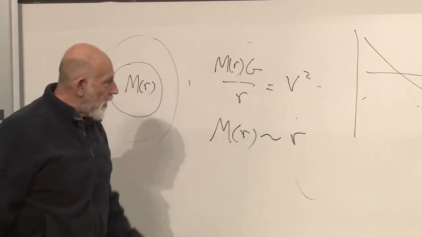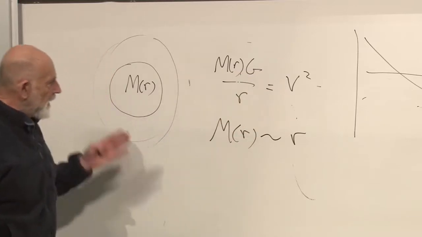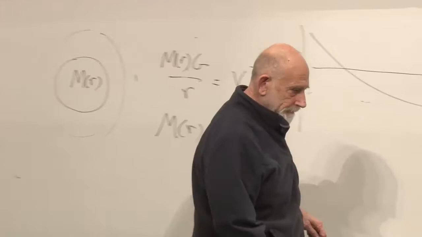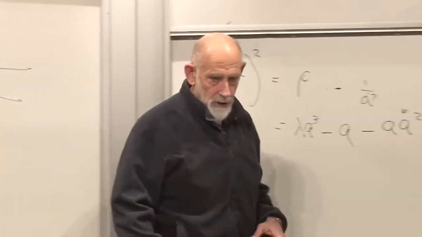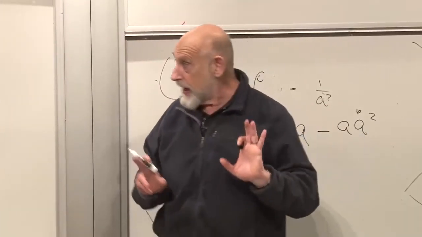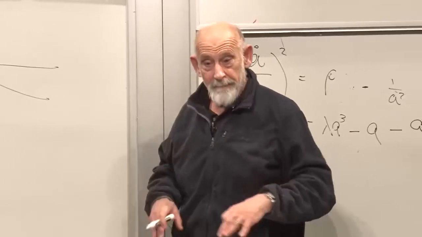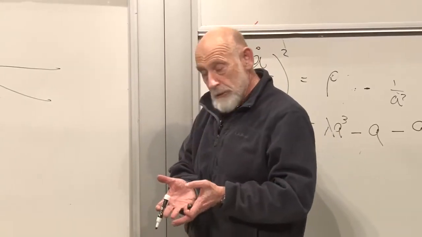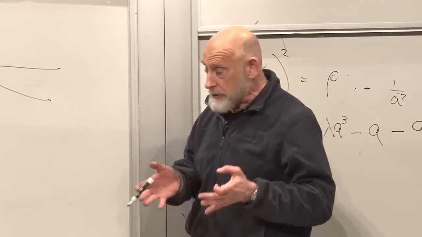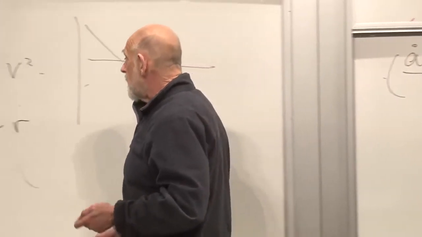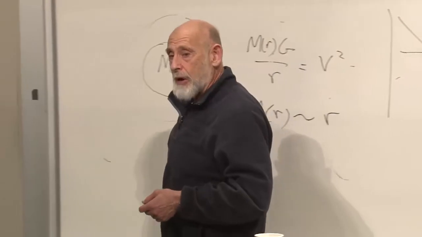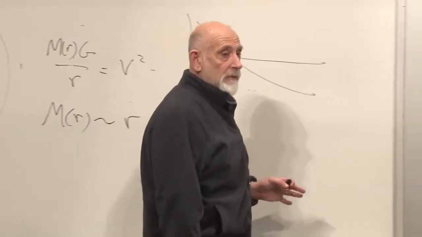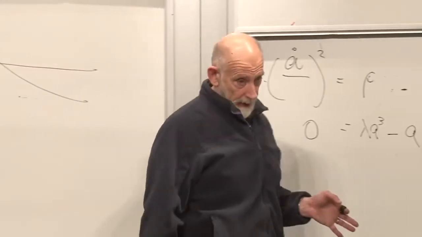Just multiply by r, think of v as a constant, m of r increases as you move away from the center. This is not the mass density, incidentally. This is the total mass within a radius r, which apparently increases linearly with r out to the outer boundaries of a galaxy, and even beyond that.